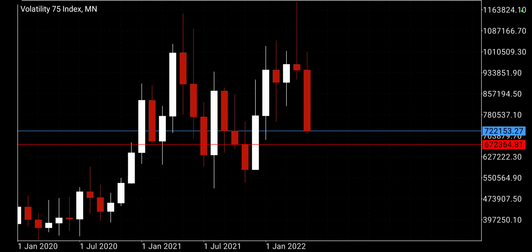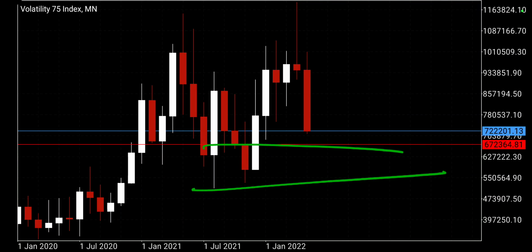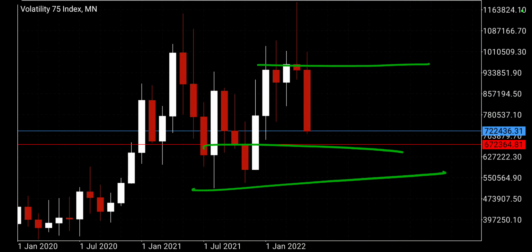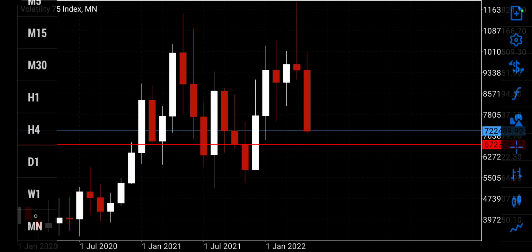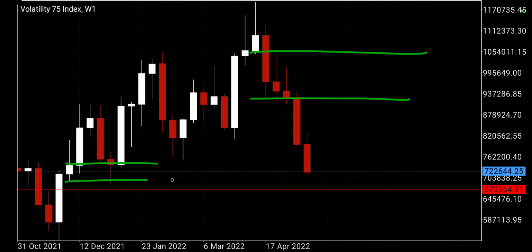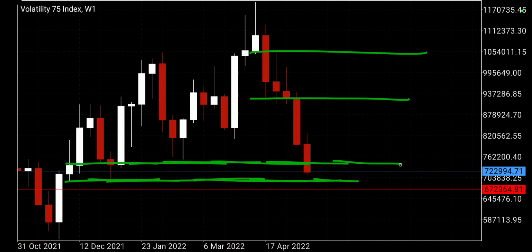On monthly, we marked our support, and our resistance could be there at the top. This is long term. So on weekly, if we want to mark our zone below and our zone above, remember we said there's something happening here. At this level is where the floor on weekly has been, and we are currently inside this floor.